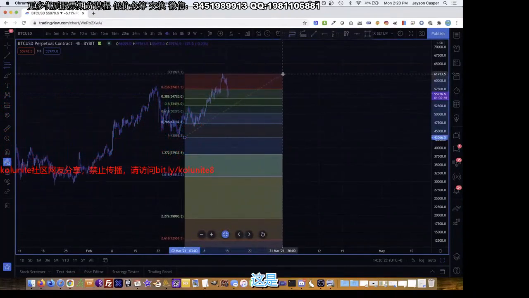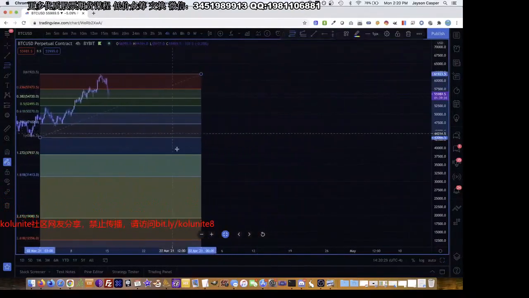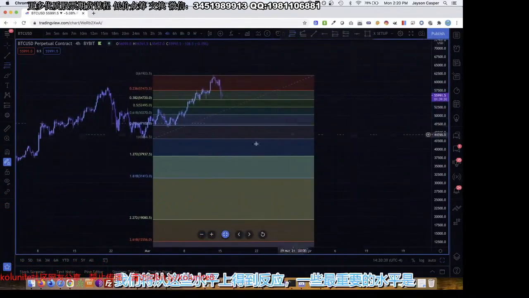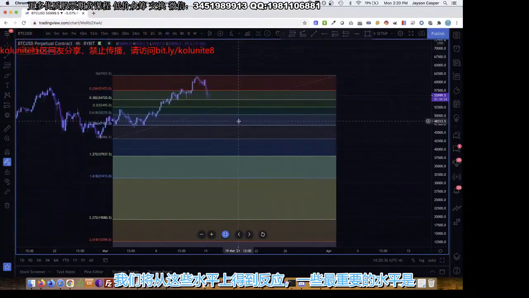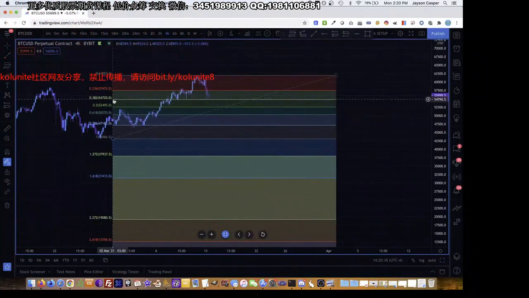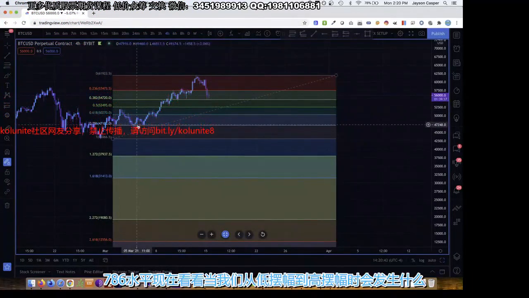And this is actually a great example of a fib pull, because when we pull our fib, we are going to get reactions off of these levels. And some of the most significant levels are the 0.382 level, the 0.5 level, the 0.618 level, and the 0.786 level.